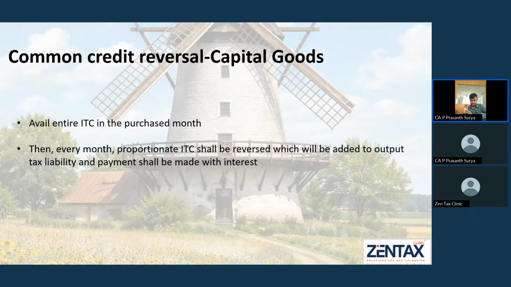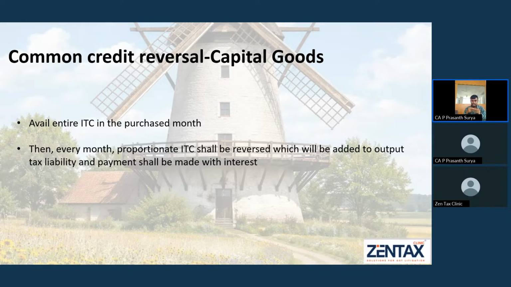In that scenario, while purchasing the raw material, we will be very sure that the raw material, in every industry, will get sold. Ultimately, it may get processed or sold as such within the next 6 months of the cycle. But in the case of capital goods, we are all aware that we use capital goods for a much longer period.